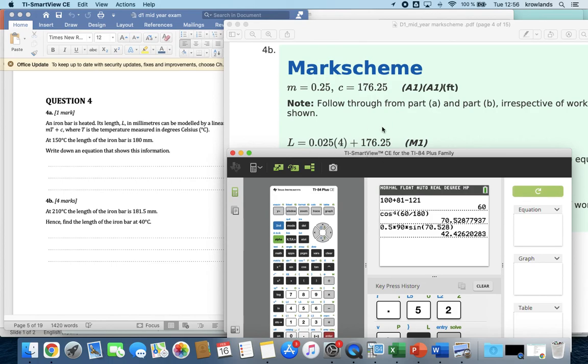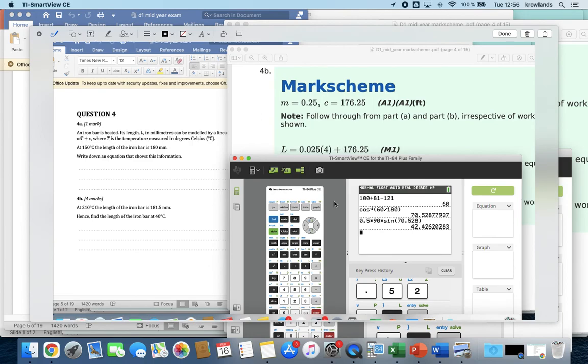So they've done it in a bit of a strange way, and I perhaps wouldn't do it quite like this. This is how I would do it. I would take the 0.25, we would then times this by 40, and then we're going to add finally the 176.25. And the reason why we're doing this is because we want to find it at 40 degrees.